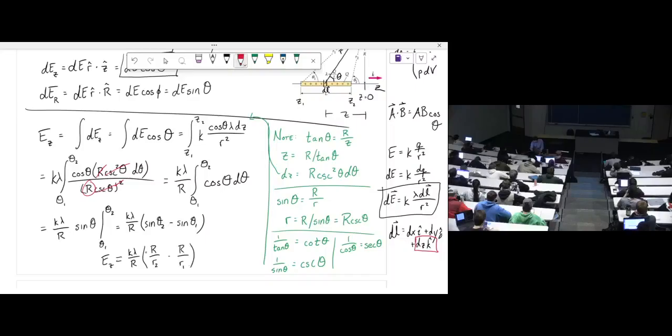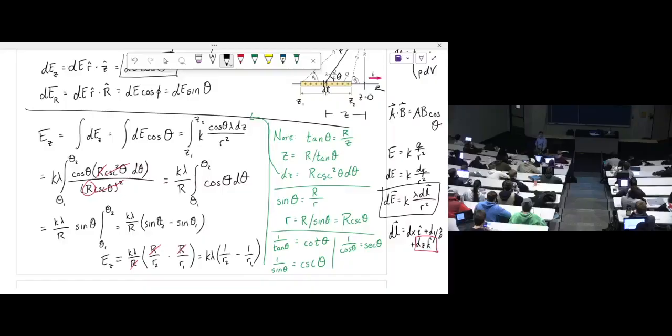I can pull out a factor of big R, so it doesn't matter how far away this is, except that R2 and R1 depend on that. So our final result is k lambda times 1 over R2 minus 1 over R1.